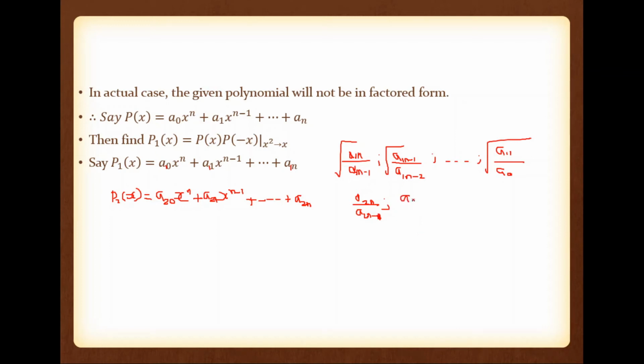Second last one, a2n minus 1 divided by a2n minus 2, etc. etc. The last one is the second component, a21, 2 is separate, 1 is separate, divided by a20. If you want, you can put a comma between 2 and 0, 2 and 1. Okay, that is understandable. So this is a root of p2.